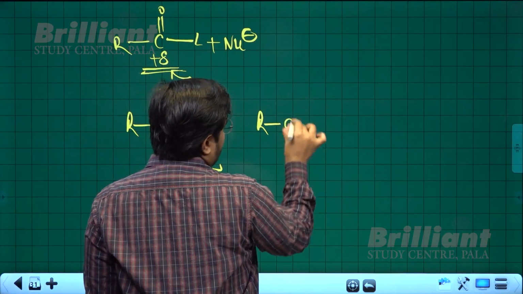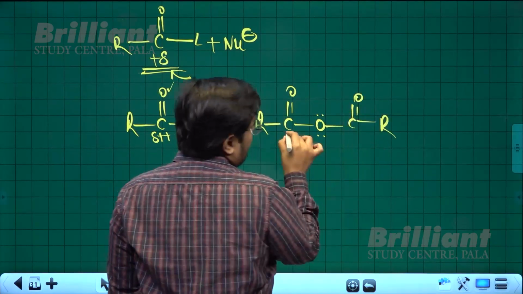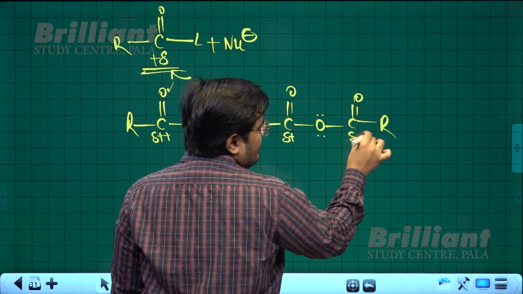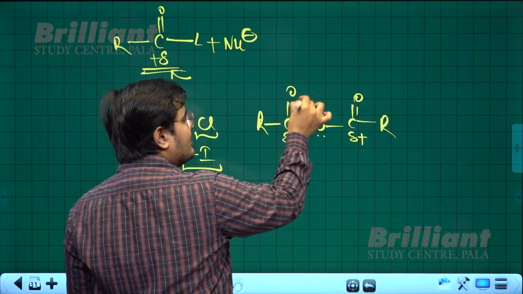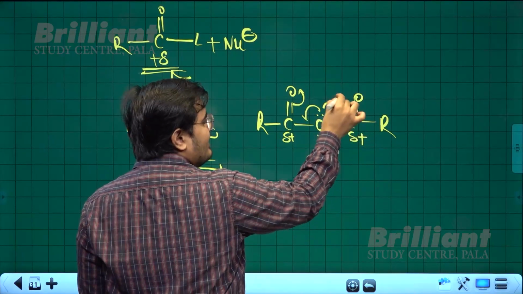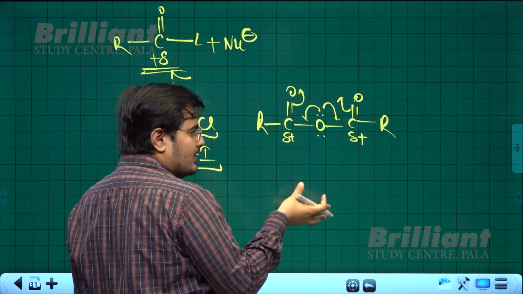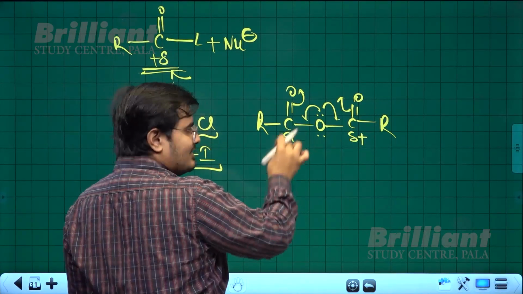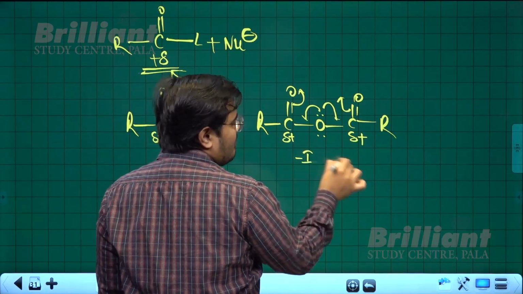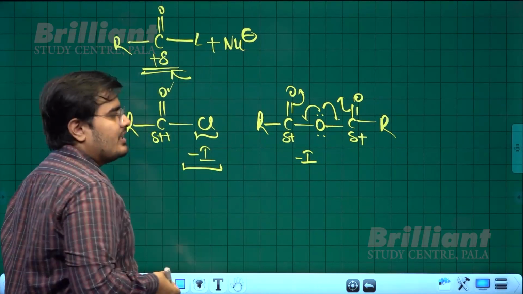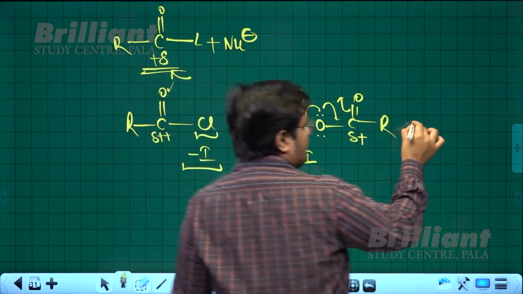Then comes the acid anhydride. Now there is a single oxygen. This is delta positive, this is delta positive. Now this oxygen will try to decrease the electron density at the carbonyl center by plus M effect, but since one oxygen is donating at two places, the donation is not effective, and minus I of oxygen is also there, which makes anhydrides a bit more reactive than esters.